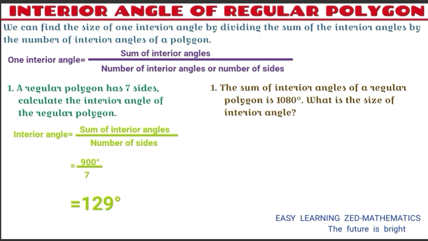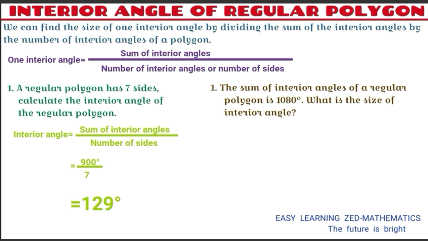Okay, let's go to the other question, which is: the sum of interior angles of a regular polygon is 1080 degrees. What is the size of the interior angle?